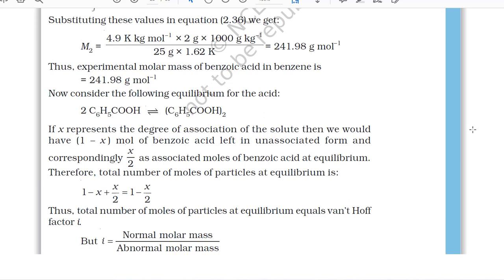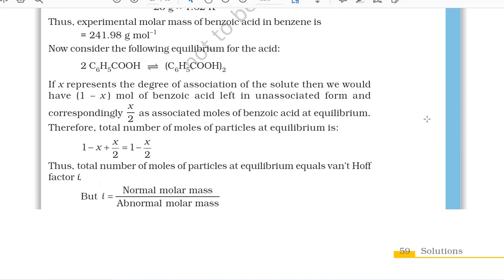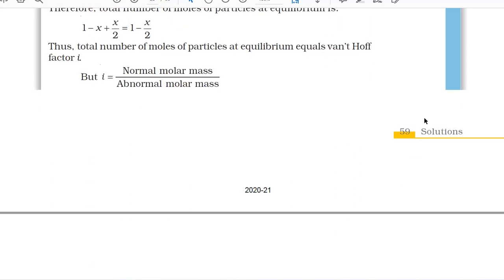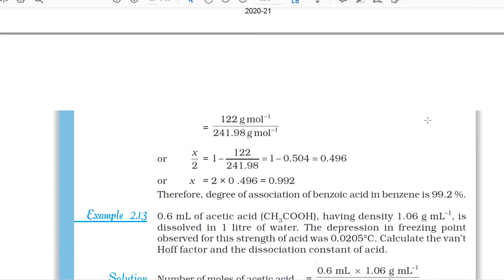But i equals normal molar mass upon abnormal molar mass, which is 122 gram per mole upon 241.98 gram per mole, or x/2 = 1 − 122/241.98 = 1 − 0.504 = 0.496, or x = 2 × 0.496 = 0.992. Therefore, the degree of association of benzoic acid in benzene is 99.2%.